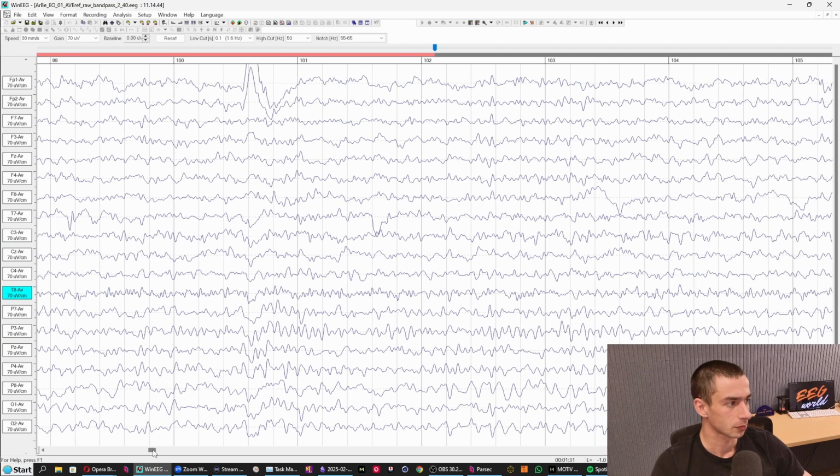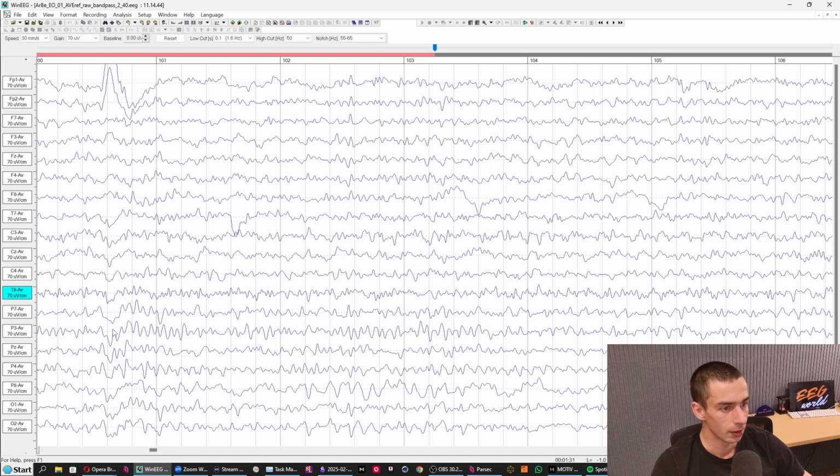So here we see kind of like a burst of beta band activity at P3. And this does look real, given that we're not really going to expect muscle activity in this region, and also muscle activity would have a much spikier kind of appearance than what we're seeing at P3.